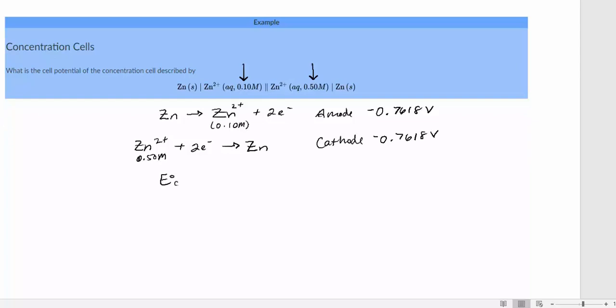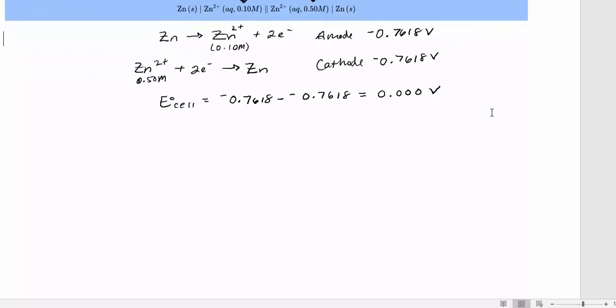So you see the expected standard cell potential for this cell is 0.7618 minus a negative 0.7618. So at standard conditions, it would be 0. But we don't have standard conditions, and that's why we have to do the calculation. So now we take the E of the cell is equal to, we start with the standard cell potential, and then we adjust it with our non-standard conditions.